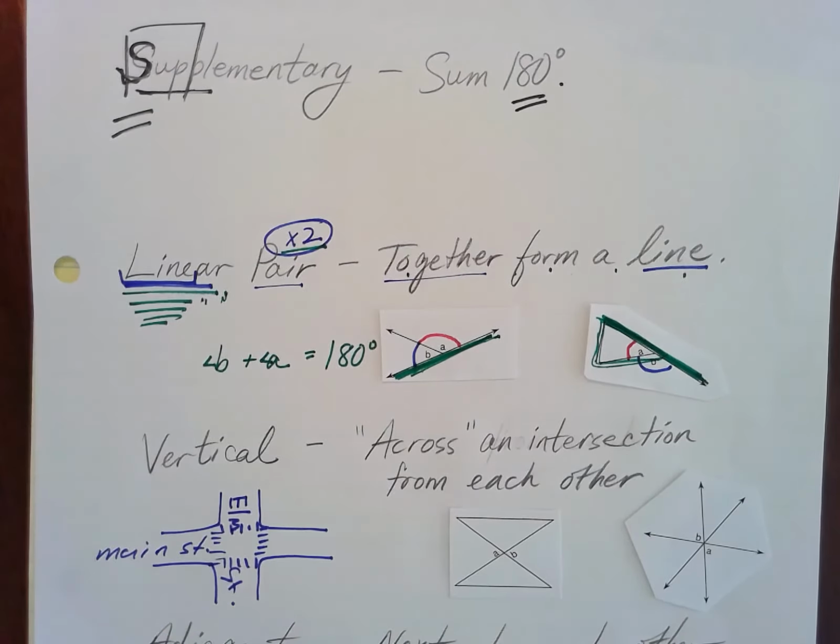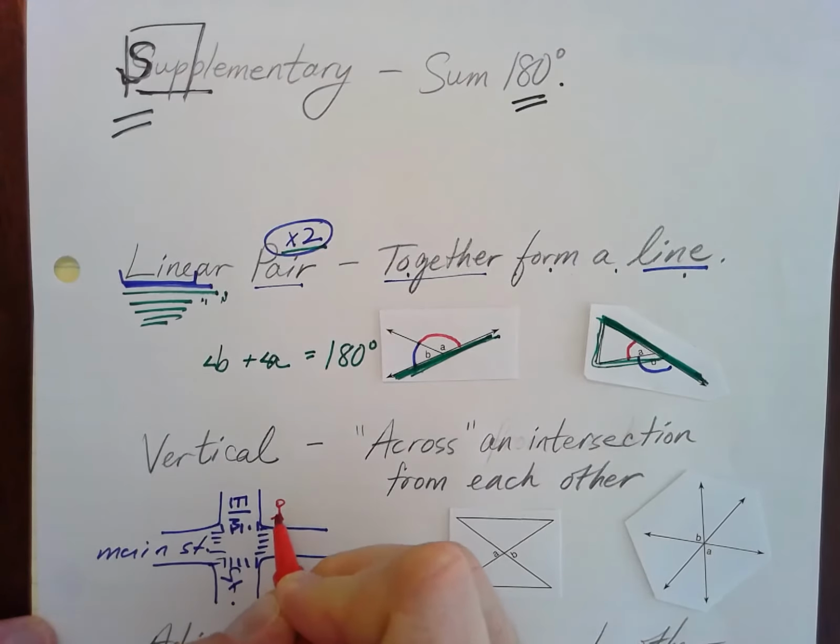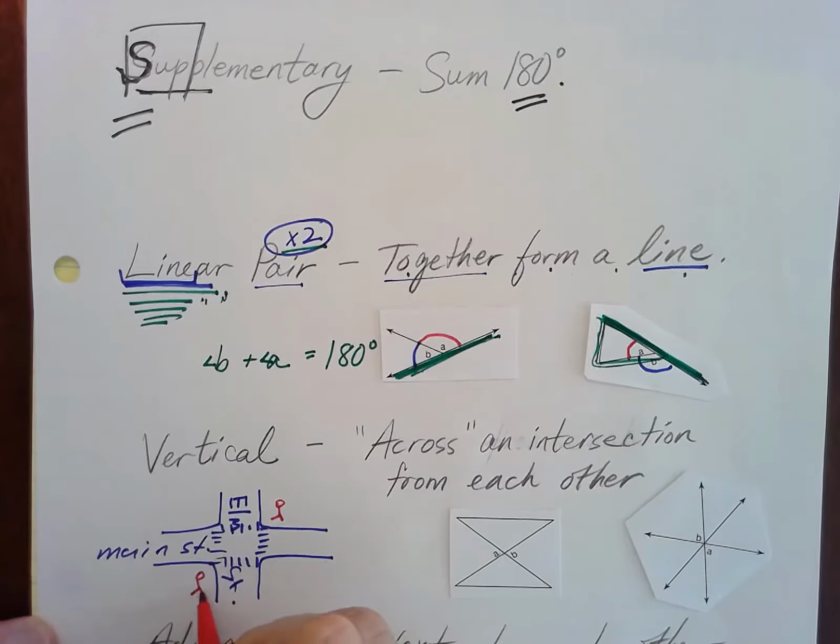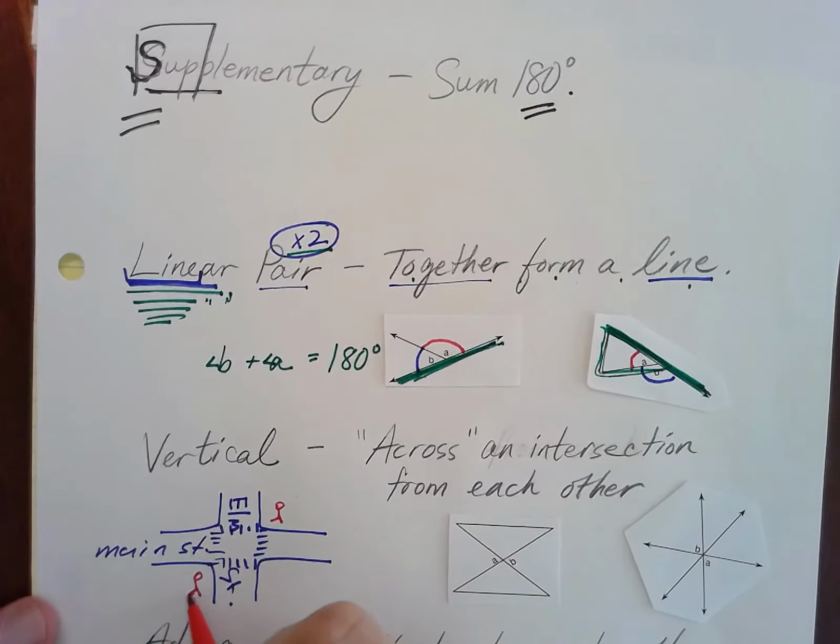When I say across an intersection, I mean that if I had one person here and one person here, they're diagonally across the intersection from each other. That's what we're talking about here.